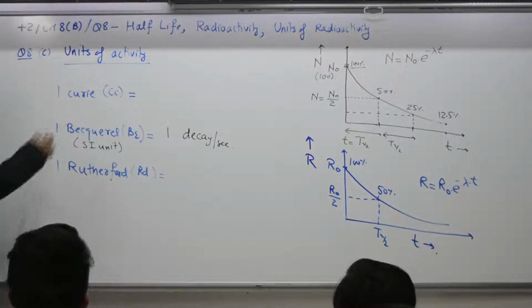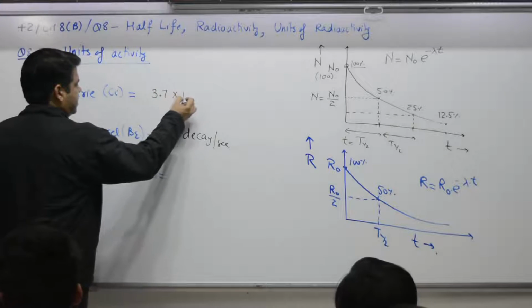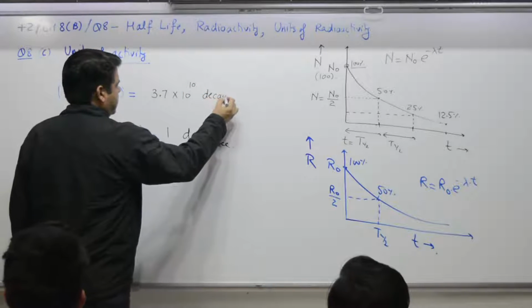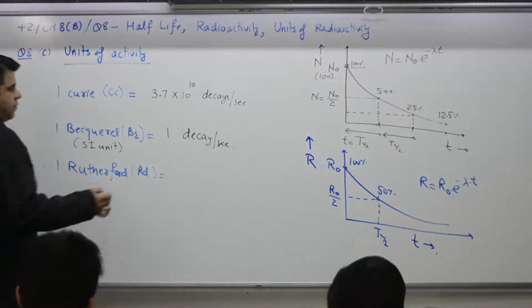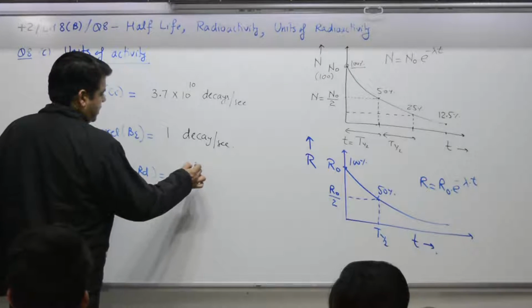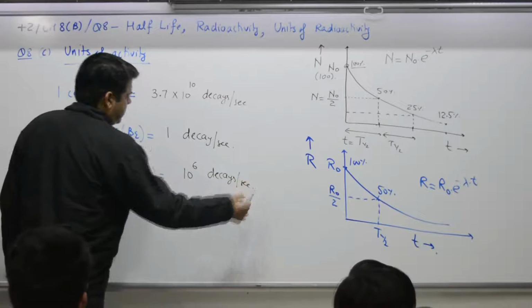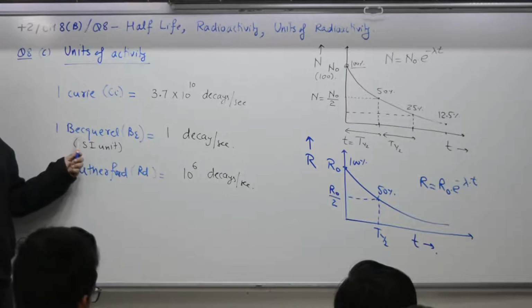What about Curie? 3.7 times 10 to the power 10 decays per second. What about the Rutherford? 10 to the power 6, 1 million. Rutherford is 1 million. The SI unit is becquerel.